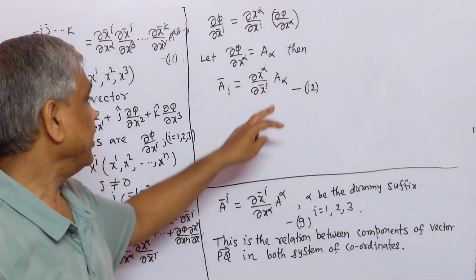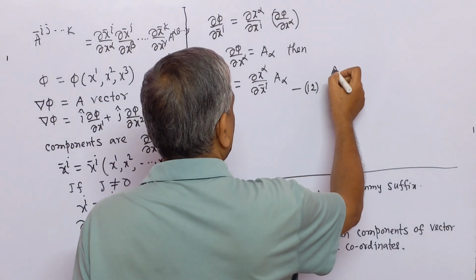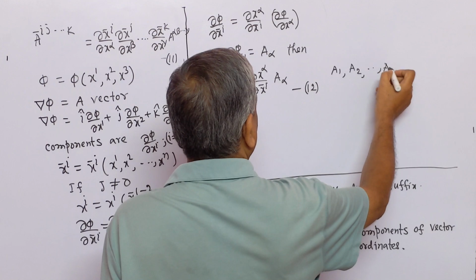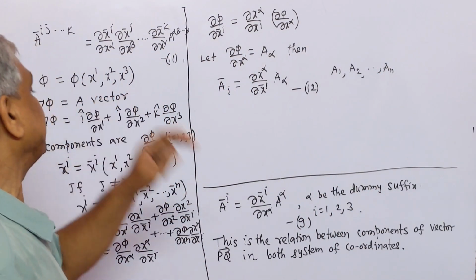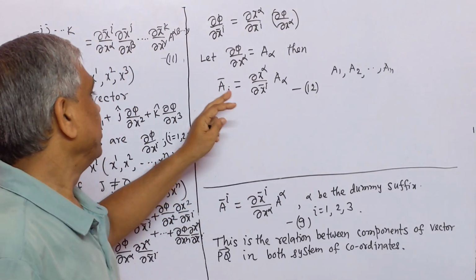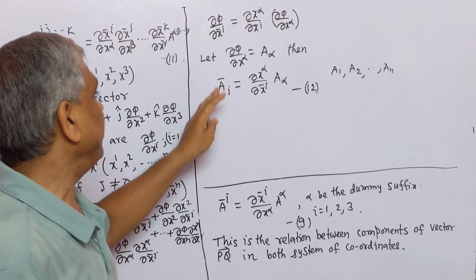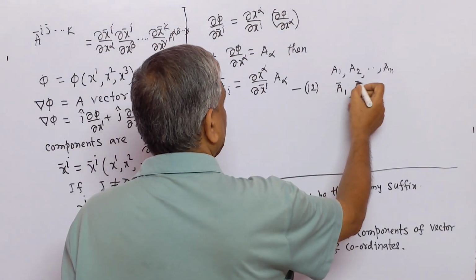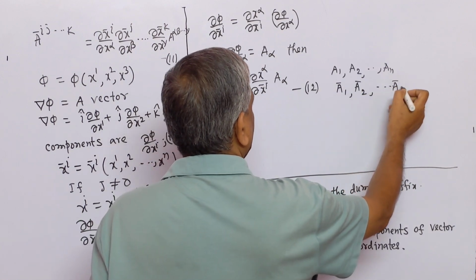Here we see that A1, A2, ..., An are components of another kind of vector, and the corresponding components in the x bar system of coordinates are A bar 1, A bar 2, ..., A bar n.